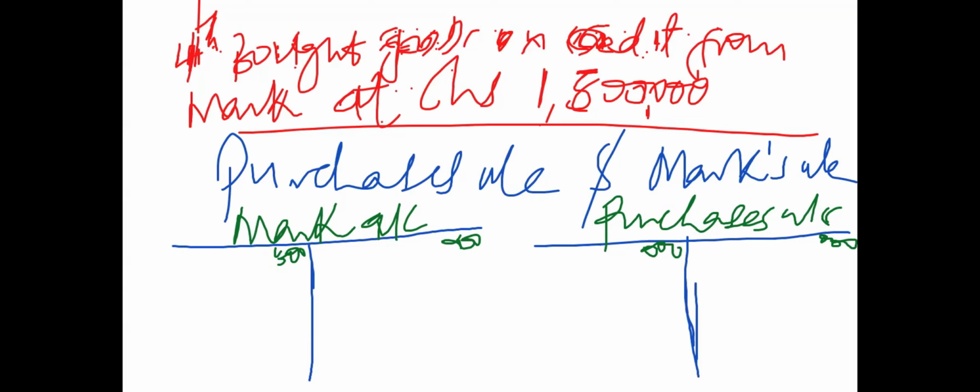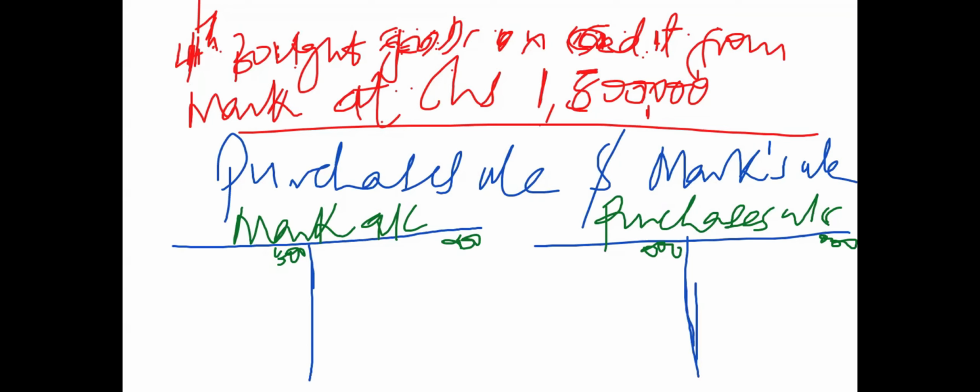Looking at this transaction where they are buying goods on credit from Mark, we need to know which account we are going to be debiting and which we are going to be crediting. Now, Mark is a personal account, and once you are able to apply the rule on any account, then automatically the corresponding entry is supposed to be on the other side.